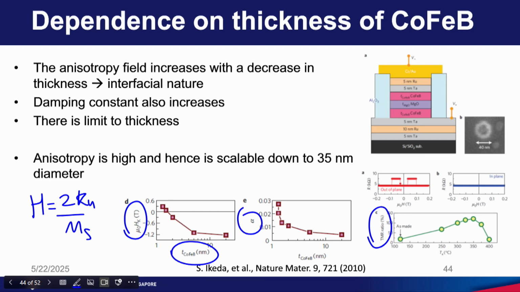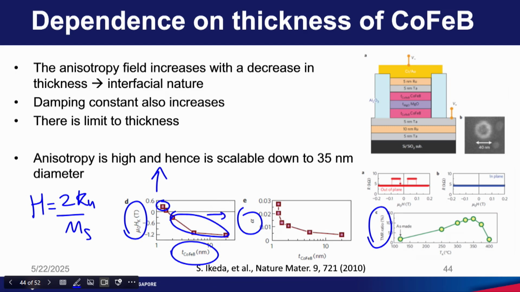When the thickness is very large, say 2 nanometer or above, this value is small, negative, but when you go towards smaller thickness, you see a large positive anisotropy field, which makes the magnetization perpendicular. Here it is in plane.